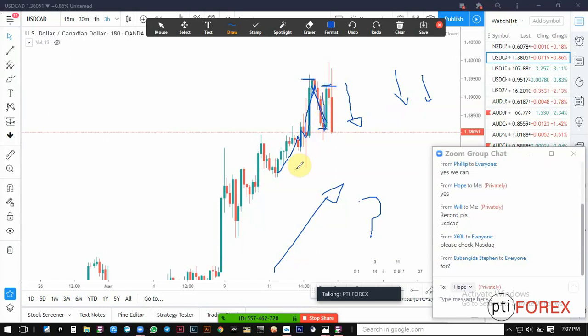Meaning, if we look at the sellers, they keep on increasing in strength, and the buyers keep on decreasing in strength. So here, the buyers didn't take the price above the previous level, so they failed to break their previous record, and it bounced here.